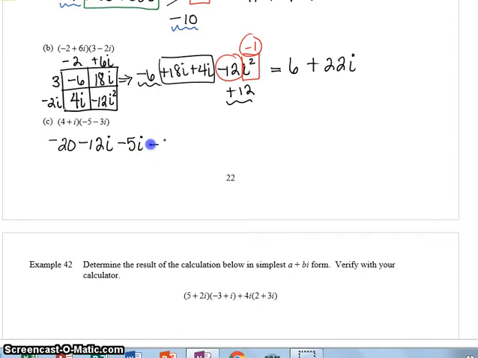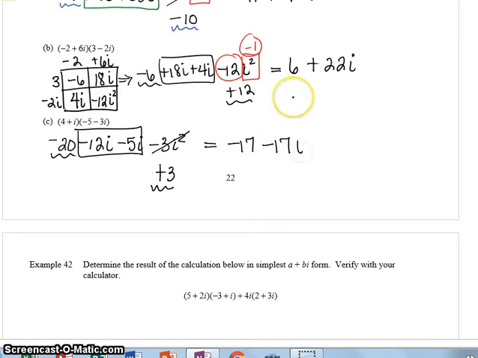And my last would be negative 3i squared. That whole thing is going to change to a plus 3, because this is a negative 1, so it's just switching your signs. So I have negative 20 plus 3, which is going to be negative 17. Negative 12 minus 5i is going to be negative 17i.